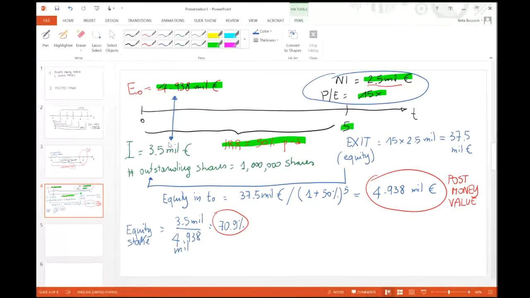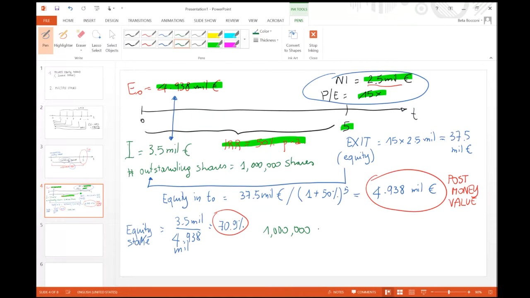We know that we must buy 70.9%. How many shares are we going to buy? My students typically make a mistake. And the mistake is the following. They say, Professor, we have today 1 million shares as per the data provided in the text.